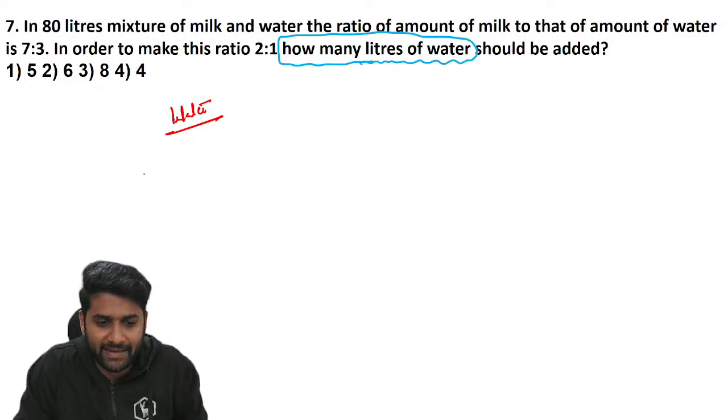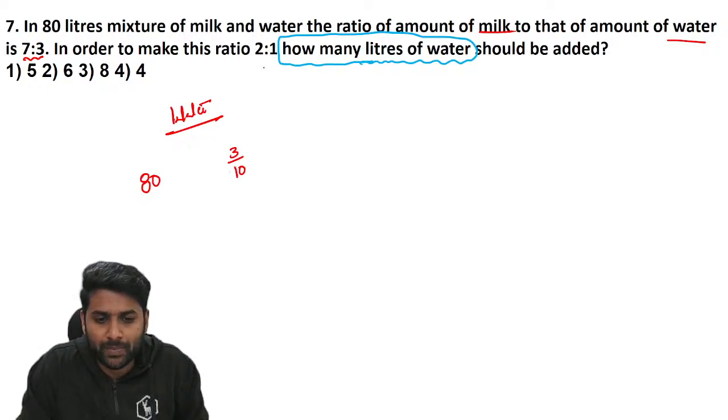Try to solve the information through water. See, in 80 liters of milk and water, the milk to water ratio is 7 is to 3. So we are solving in water, which means it's a value of 3 by 10.